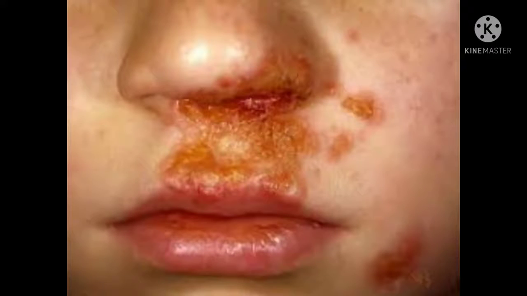Impetigo is a contagious bacterial infection that mostly affects children 2 to 6 years old. One of the bacteria, of course, that causes impetigo is Streptococcus pyogenes, and it tends to thrive in summertime. There are two types of impetigo. This is bullous impetigo and non-bullous impetigo. Bullous impetigo is a fluid-filled blister surrounded by red and itchy skin.